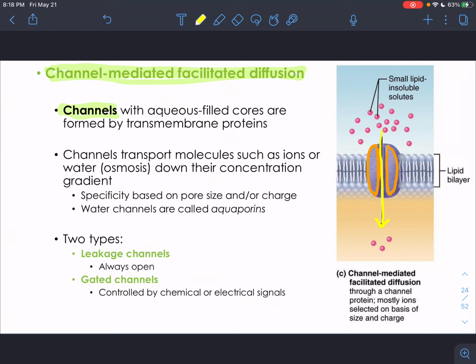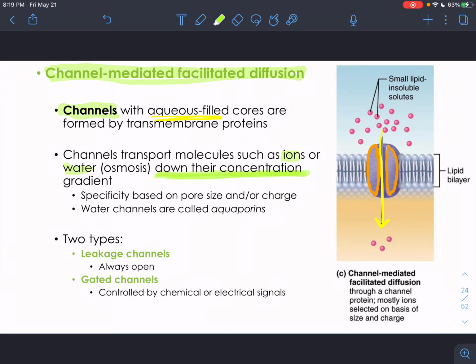They do this by having an aqueous filled core in the middle of the channel, which means it's polar, so polar substances can move through it easily. The channels transport molecules such as ions or water, again, down their concentration gradient.